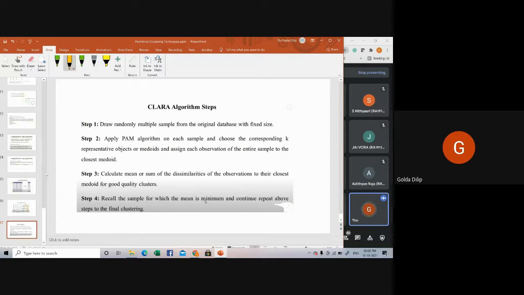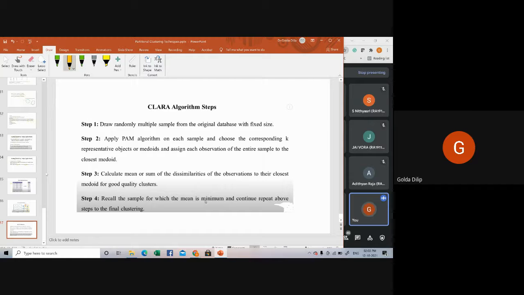So you randomly draw multiple samples from the original database with fixed size, apply the PAM algorithm on each sample, choose the corresponding K representative objects or medoids, and assign each observation of the entire data set to the closest medoid.